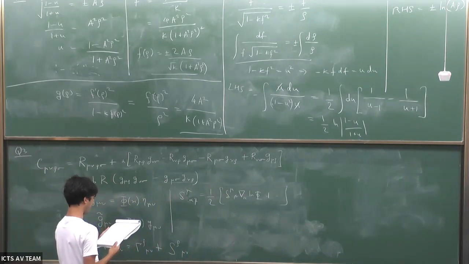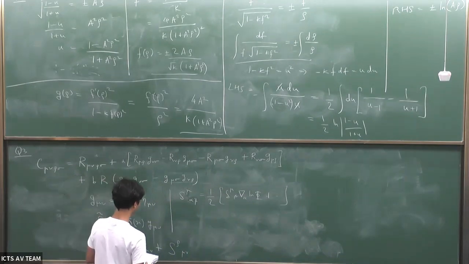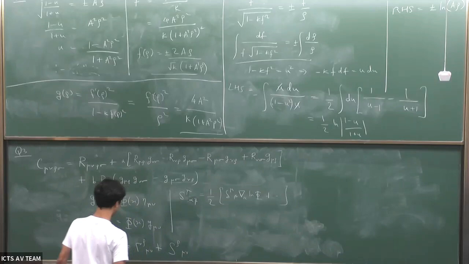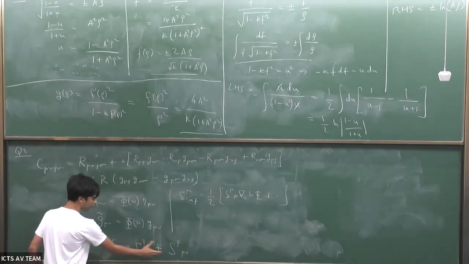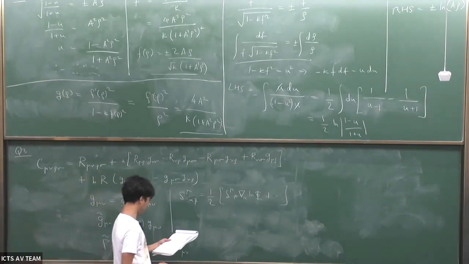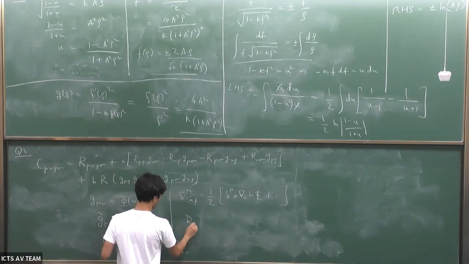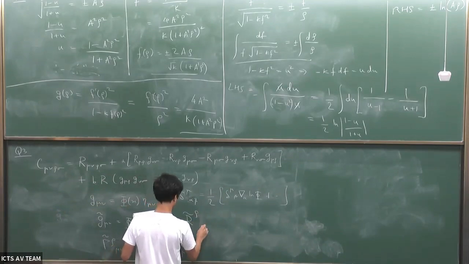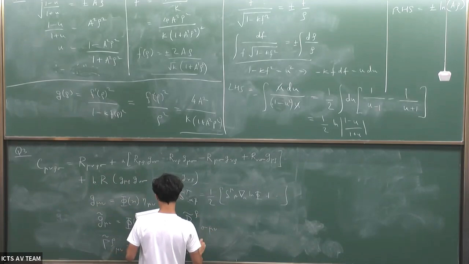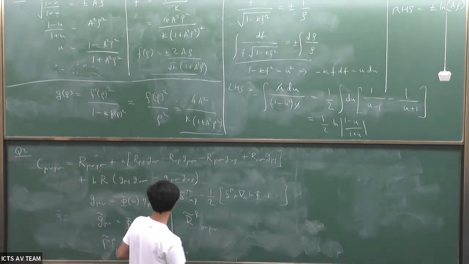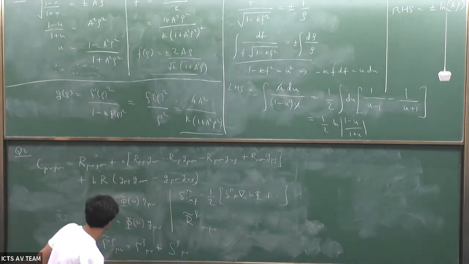And from the first question, we know that if we have a Christoffel symbol of this form, then the Riemann tensor is given by this. So what I'm going to do is make a substitution.